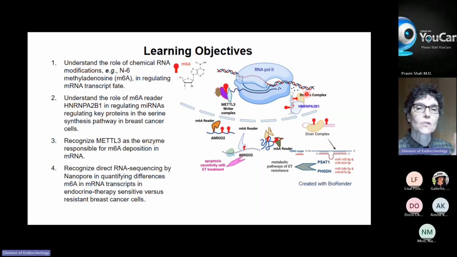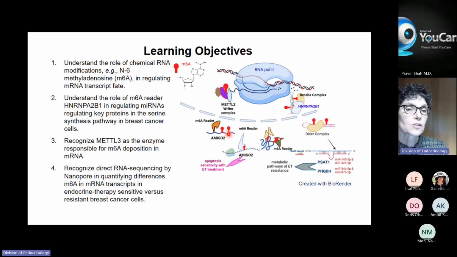And what you'll see in the course of this presentation is we know there's M6A marks on certain microRNAs that seem to be regulated by hnRNPA2B1 that actually target genes that are critical in the serine synthesis pathway, and these are PSAT1 and PHGDH. We also know that we can find M6A marks on mRNA transcripts by direct RNA sequencing through the latest technology from Oxford Nanopore, nanopore RNA sequencing.